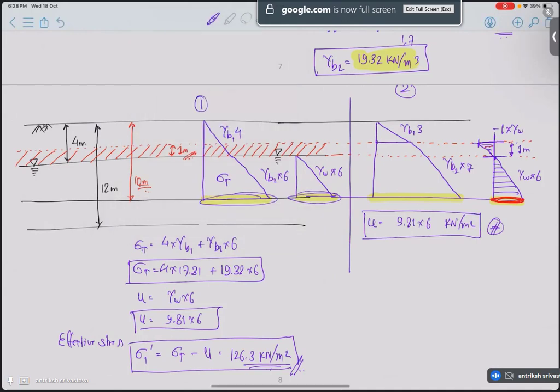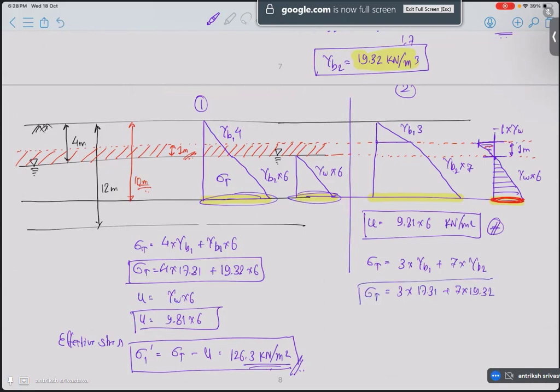Okay, so the U is going to be the same. Sigma T is going to be 3 into gamma B1 plus 7 into gamma B2. So we have 3 into 17.31 plus 7 into 19.32, right?